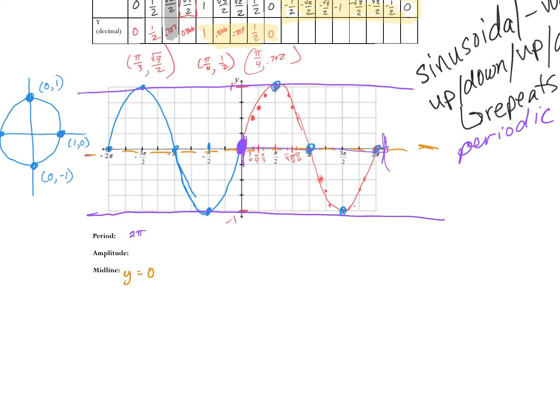Another way of thinking about that is the midline's your point of equilibrium. Amplitude is how high and low it goes. The amplitude is the distance from either the peak or the trough to that midline. So my amplitude is this distance. That'd be 2. It would not be 2. That'd be 1. So it's from the midline to the peak or the trough, so it's half the distance from the bottom to the top.